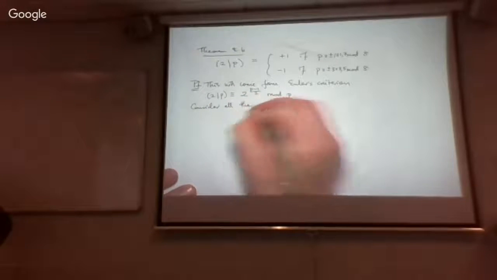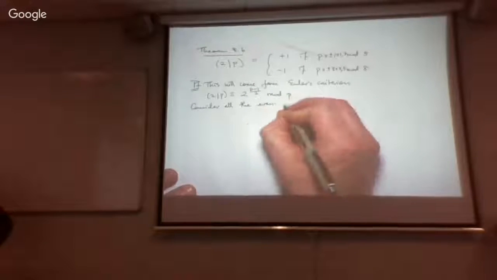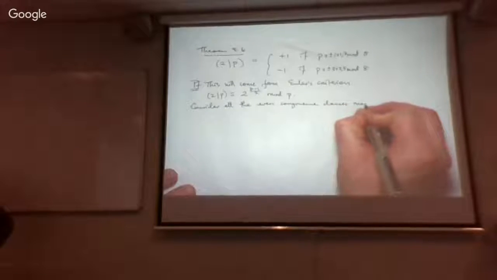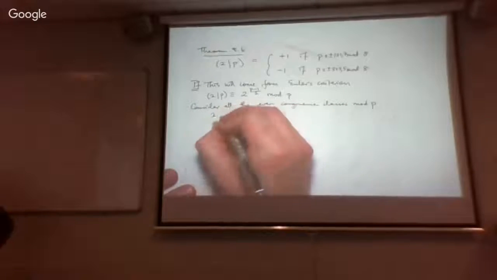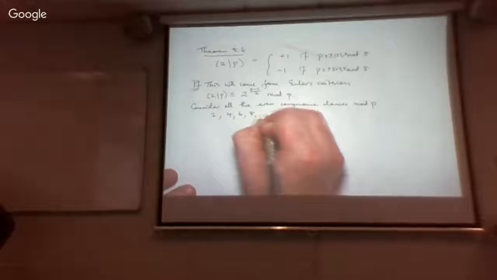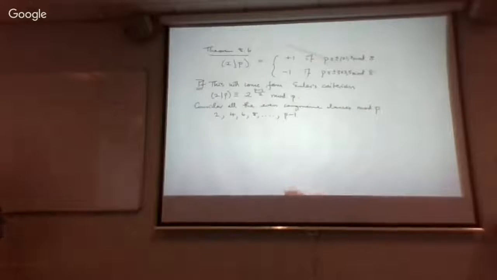What we're going to do is consider all the even congruence classes mod p. That is the congruence classes of 2, 4, 6, 8, and so on, and p minus 1 will be the last one, won't it?